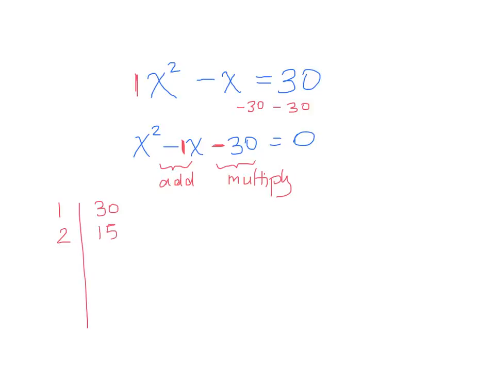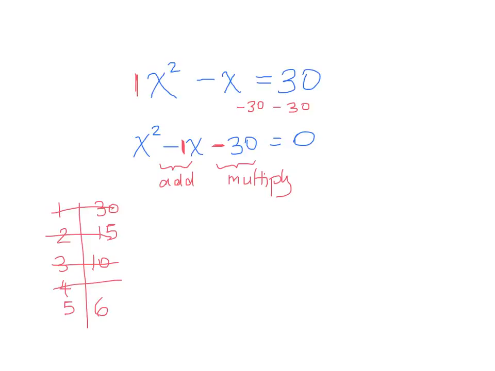2 and 15. Again, no way to add those two numbers, even if one of them is negative, to get negative 1, so we keep going. 3 and 10 also doesn't work, but don't give up. 4 gives you a decimal if you try to divide into 30. 5 and 6 multiply to get negative 30 if one of them is negative.